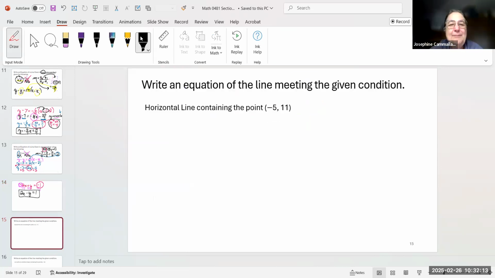Okay. Now, this is where I have a better way of doing this. Because they want a horizontal line. Okay. And I'm going to draw you a picture.